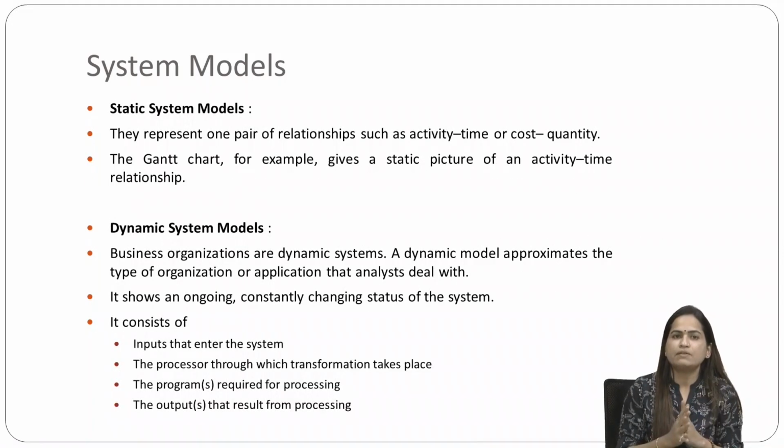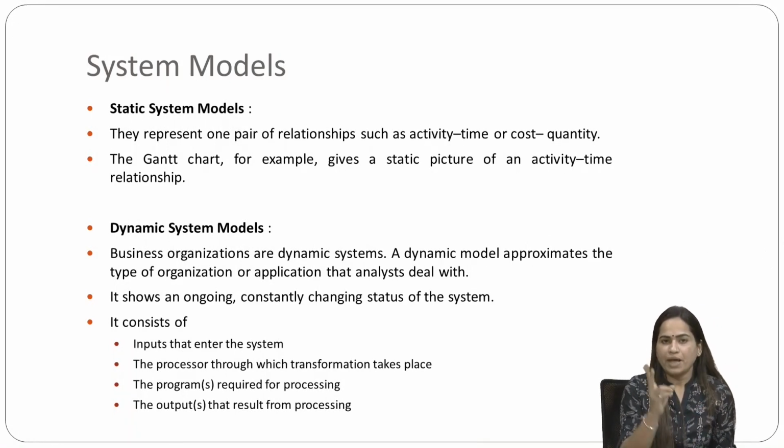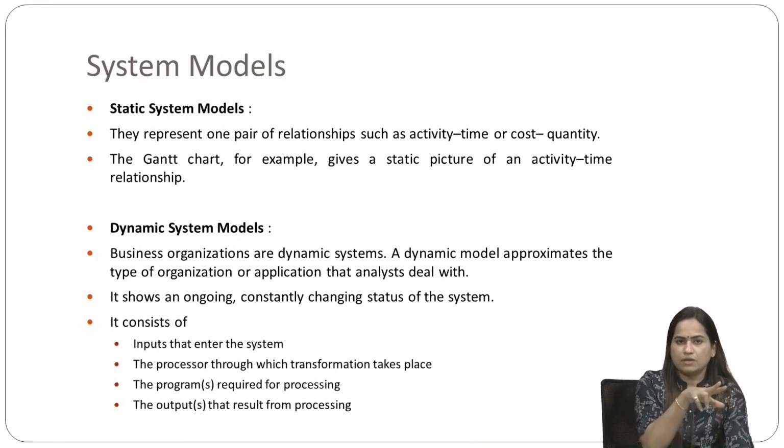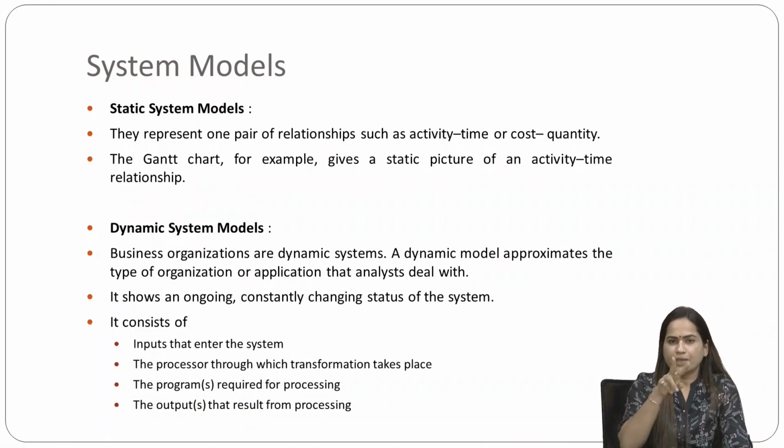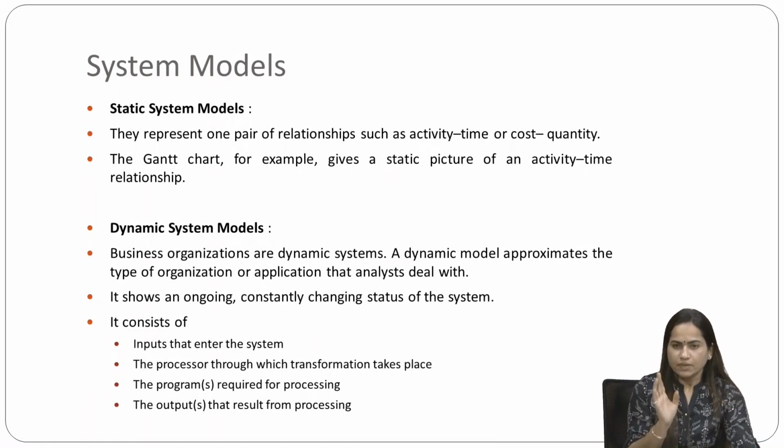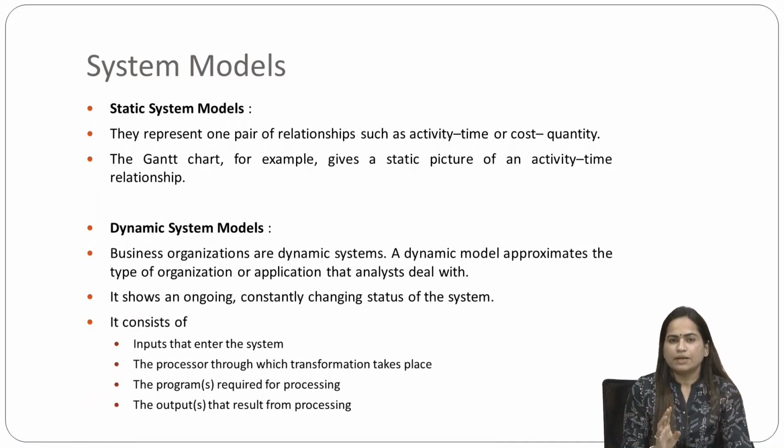Then third one we have, that is static system model, which is showing us paired relationship, how one element is connected with another element, how those two are working in pairing. We have one Gantt chart which will help us to get the picture of activity with the help of time.